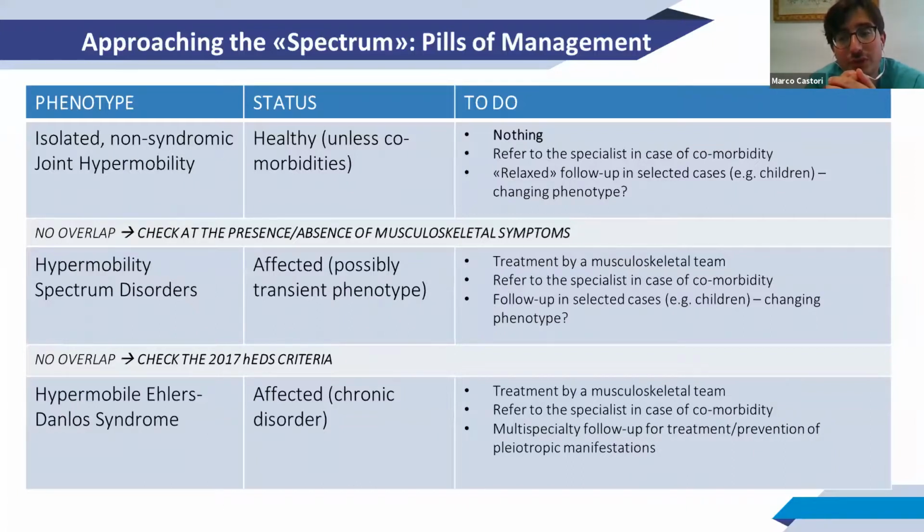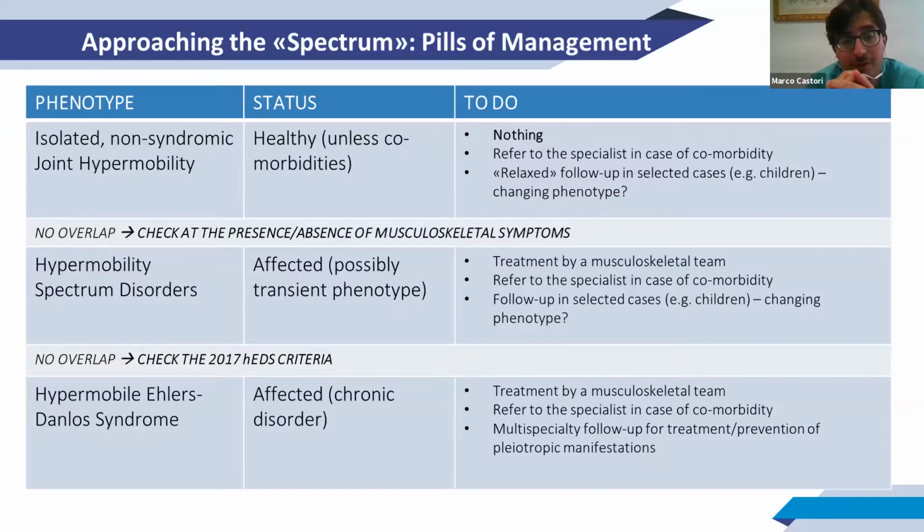The approach should be multidisciplinary, because currently there is not any effective treatment for chronicity in hypermobility spectrum disorders. You need a combination of changes in lifestyle, a wise use of drugs, and physical therapy. And again, in the presence of comorbidity, the approach is the same.